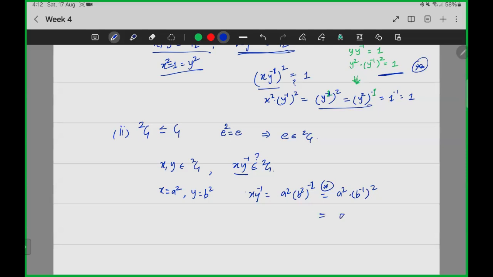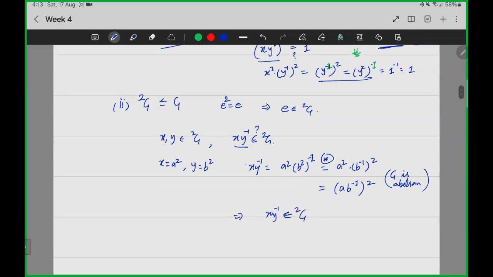Now this is nothing but a into b inverse whole square, right? Understood? Yes, because G is a commutative group, G is abelian. So this implies that X Y inverse belongs to 2G.